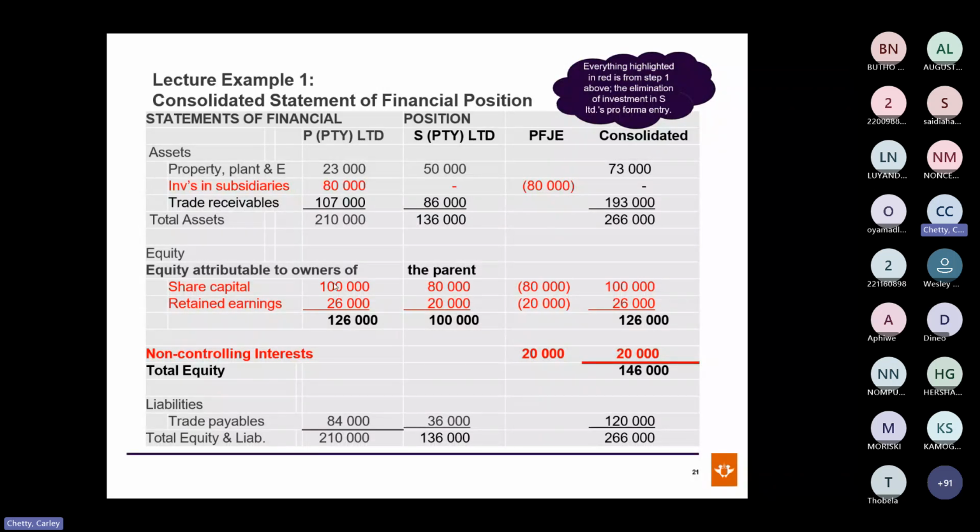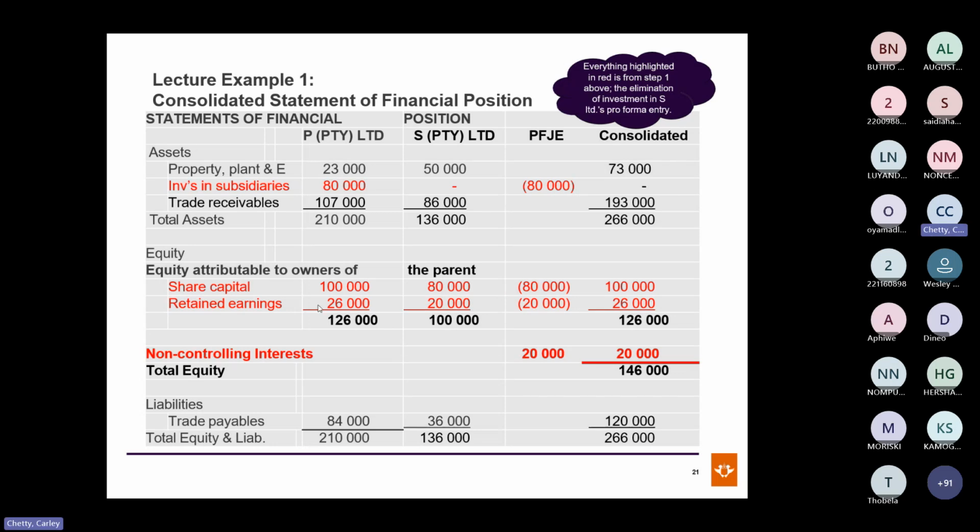So here we're saying share capital P has 100,000 plus S is 80,000 minus the 80,000 in the pro forma journal entry, and that will give us 100,000 Rand of share capital in our consolidated statement of financial position.